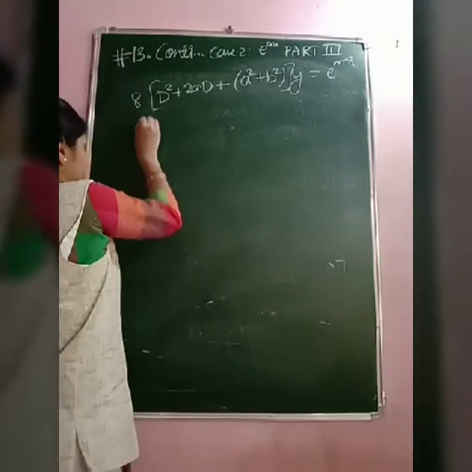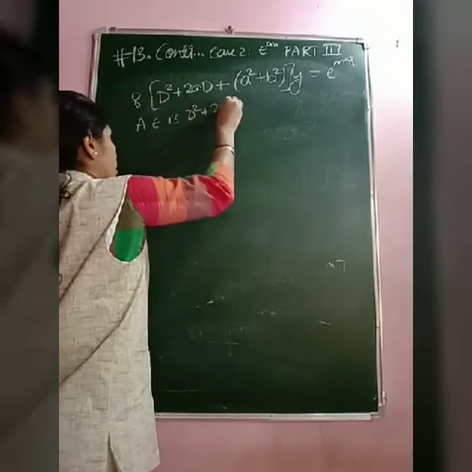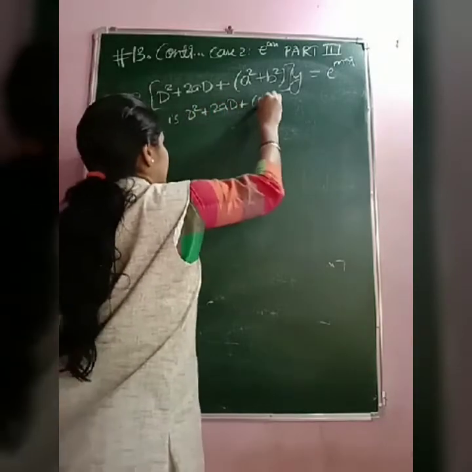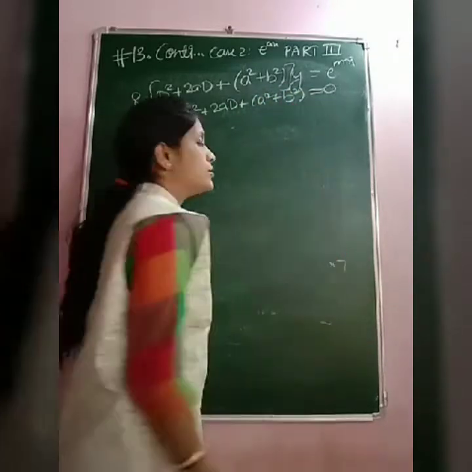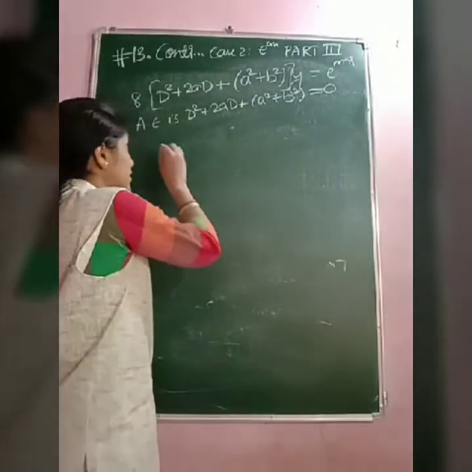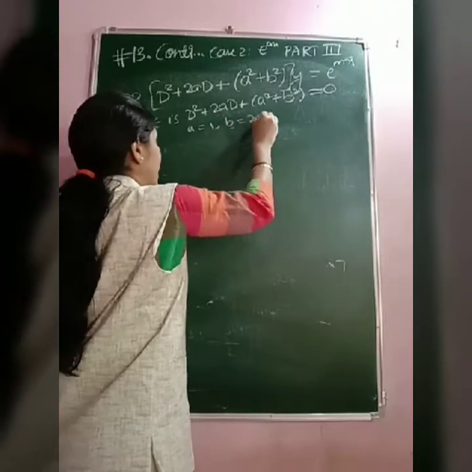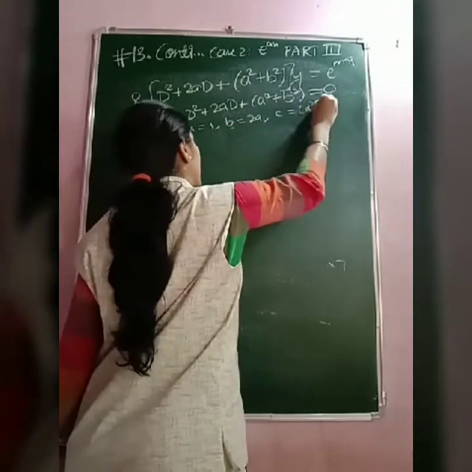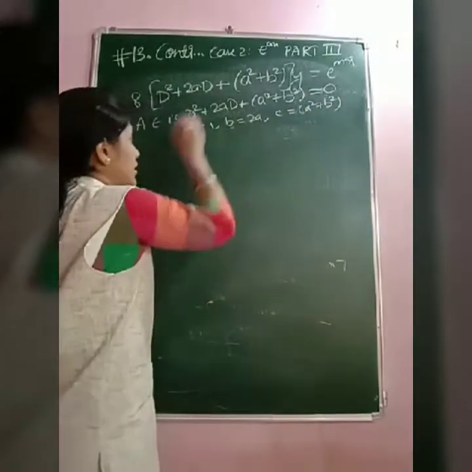So the auxiliary equation is D square plus 2aD plus a square plus b square equal to 0. What are the roots? We can find them by the discriminant method. So a equal to 1, b equal to 2a, c equal to a square plus b square. For this example, it is quadratic, right?